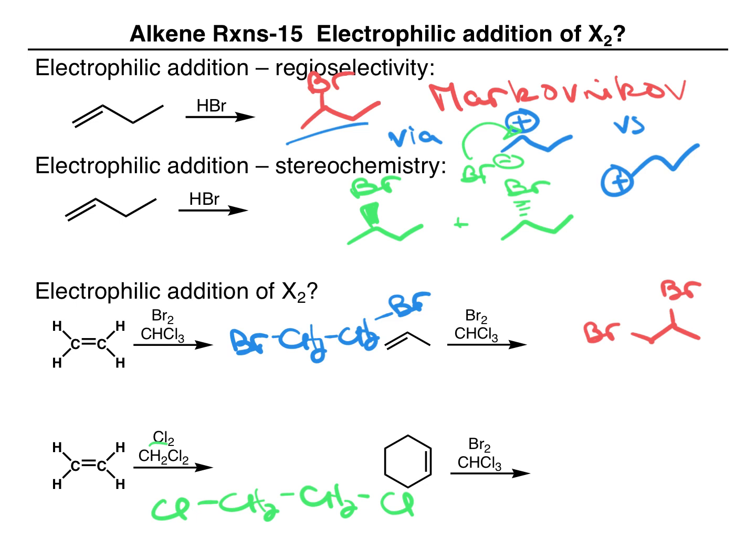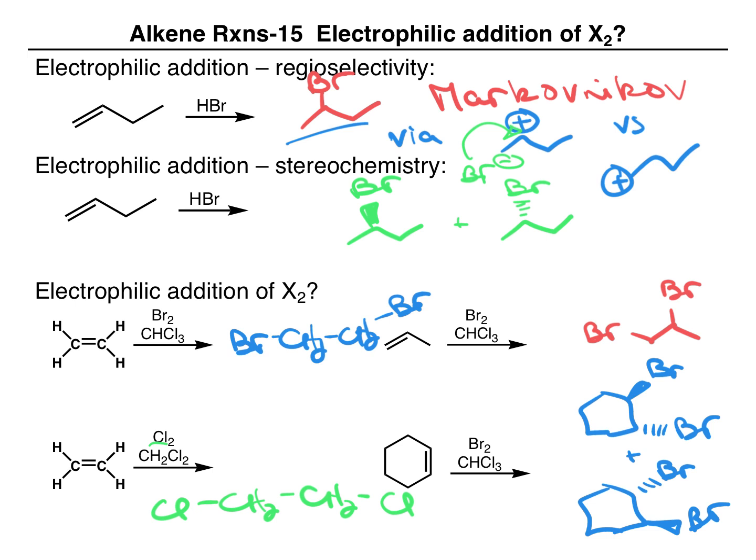However, what's observed experimentally, if we have cyclohexene and we carry out this reaction with bromine, we will make the trans product as a mixture of enantiomers.